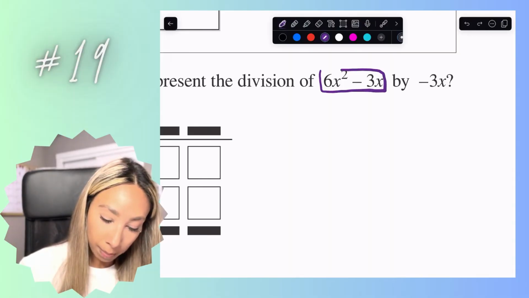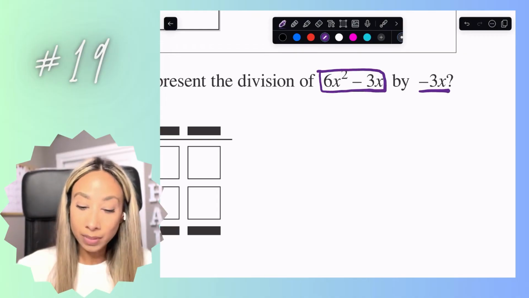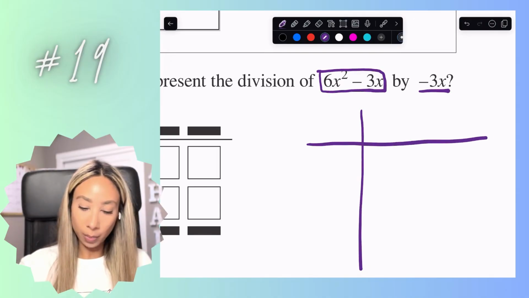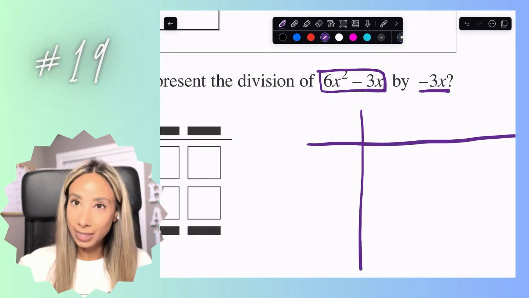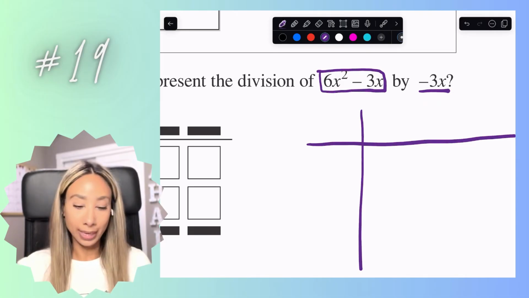We've got a binomial, 6x squared minus 3, and we're dividing it by 3x. So when I set up my tiles, we normally start with almost like a little T-chart. And we know that our larger polynomial is going to go on the inside of that.